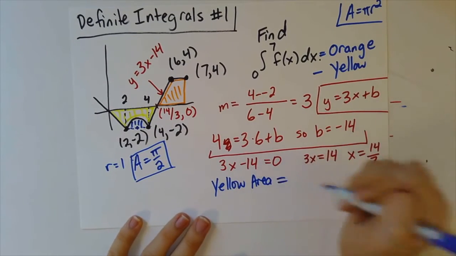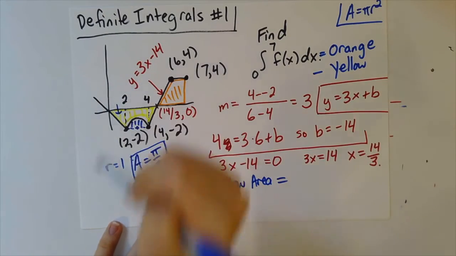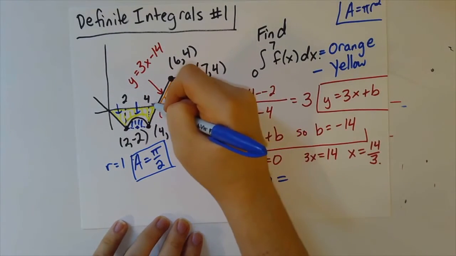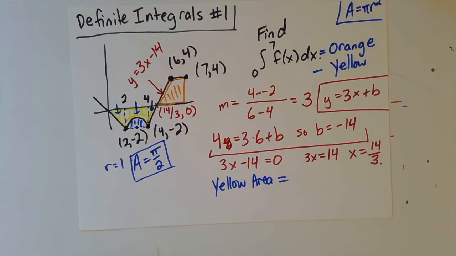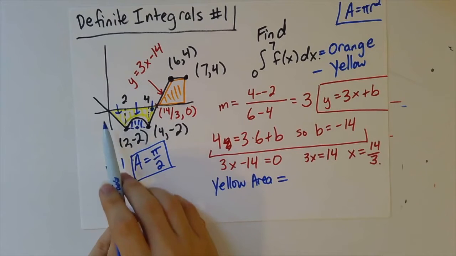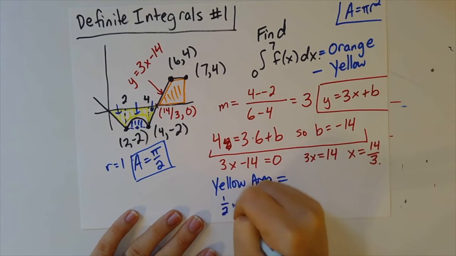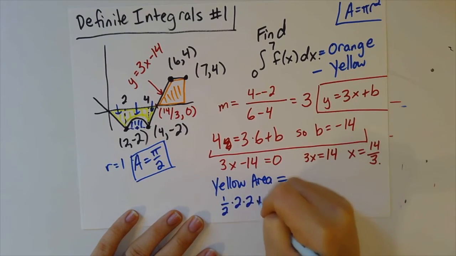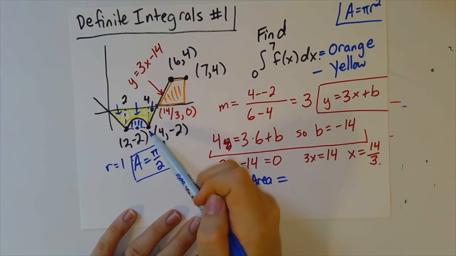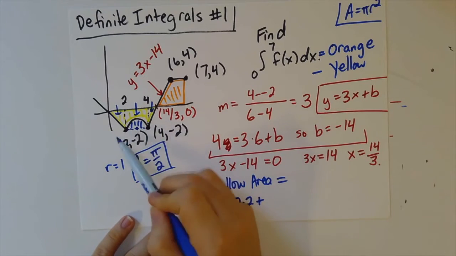Okay, so the yellow area, it's going to be this triangle, this kind of wedge-looking thing, and then this triangle. So the area of this triangle, its base is 2, its height is 2, so it's 1/2 of 2 times 2, plus, and then the way I'm going to handle this arch shape is that it's this 2 by 2 square minus the semicircle.